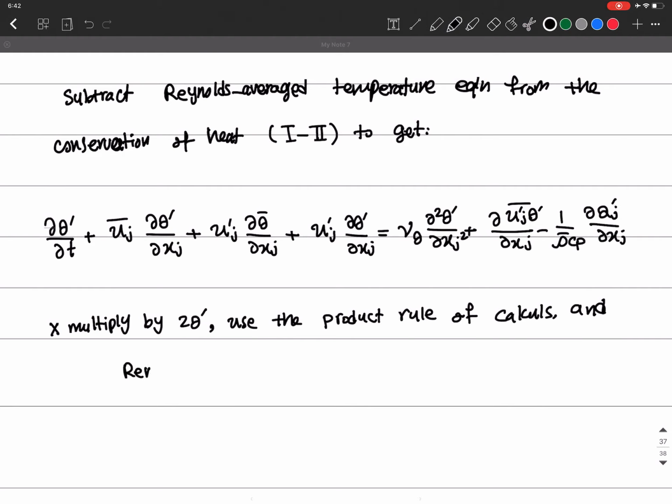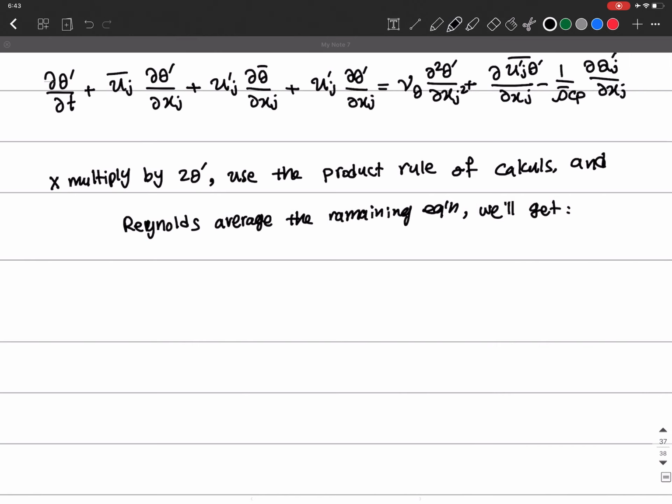So Reynolds average the remaining equation, we will get the following, which is actually the temperature variance equation.